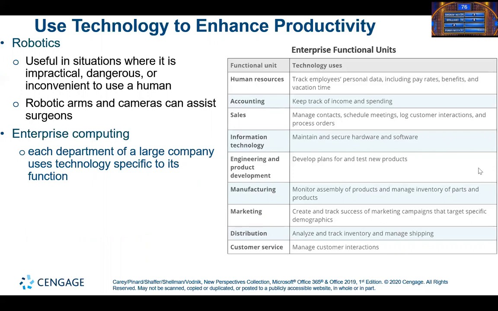Just like accounting would keep track of income and spending, but someone in marketing would create a track for success of marketing campaigns that target specific demographics. So you could see right away that computers are still being used, and they're being embedded into the programming that people do every day.